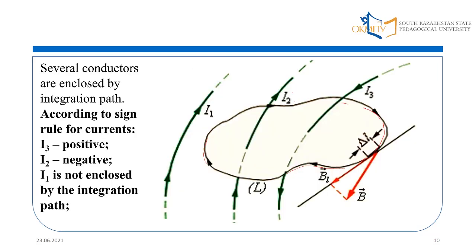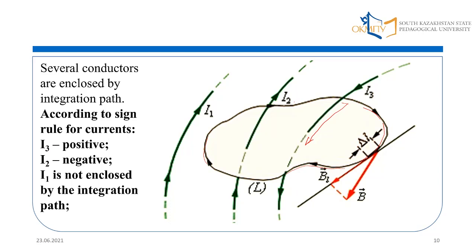So here in this figure, I will curl the fingers of my right hand around the integration path, and the thumb shows for I3 the direction into the screen, and this shows us the positive direction for the current.